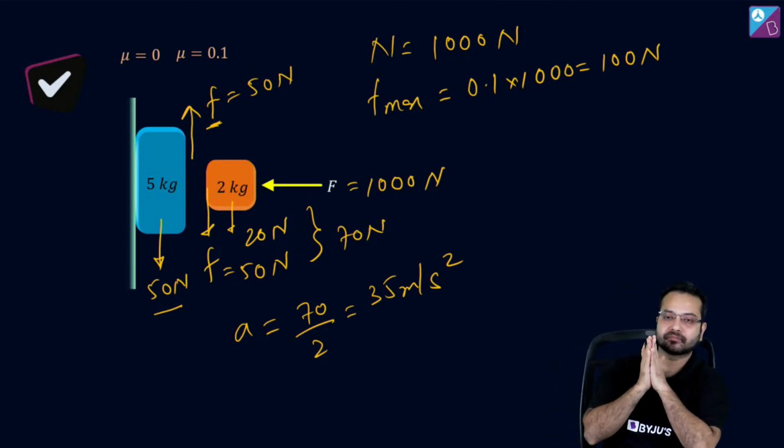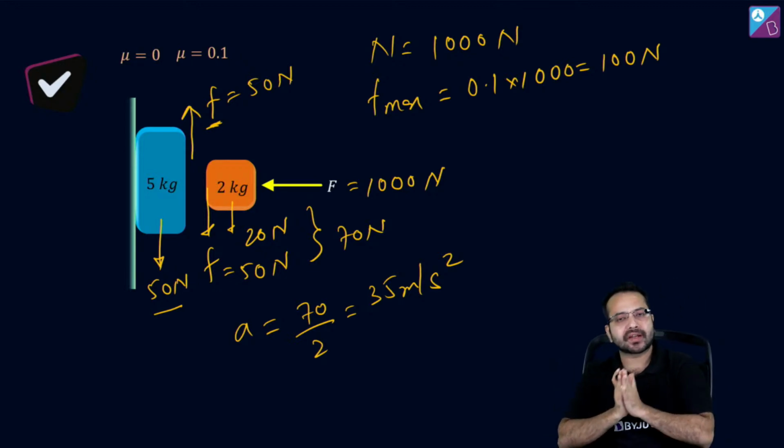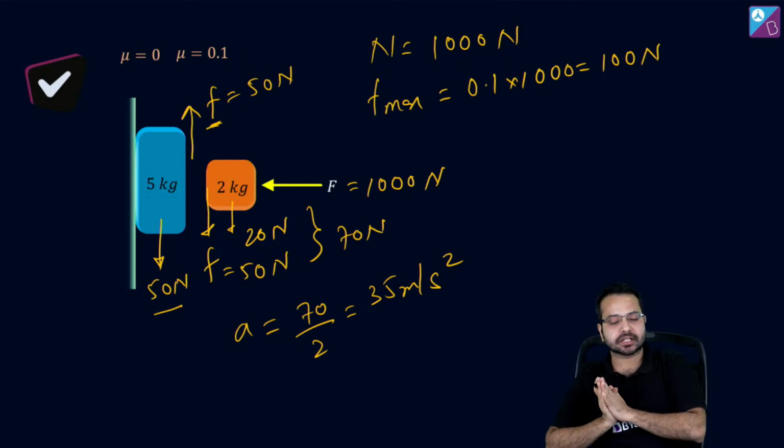Alright, what do you think? Is this solution correct or is there some problem with the solution? The acceleration for the 2 kg block is 35 meter per second square.